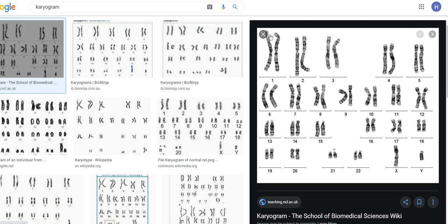For example, if you're missing one whole piece of number 1, you can see that that would be really problematic because all of this is coding regions, or a lot of it, for making genes that make proteins. Like, let's say this is, I don't know if it's necessarily true, but for an eye cell, if you needed to make some cones and some rods, that would be genes that are then encoded. Okay, back to it.